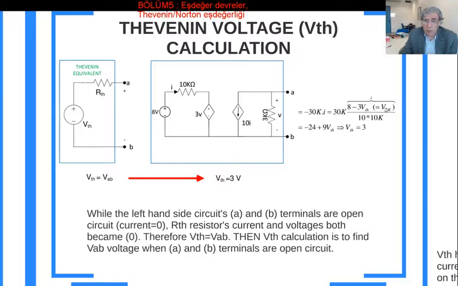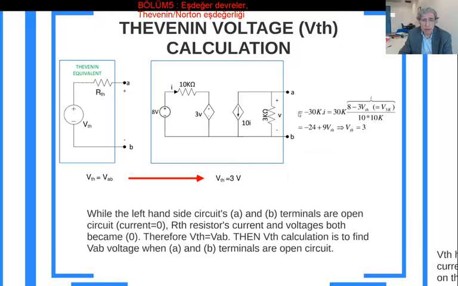which is the same as the 3k voltage. If you divide this by 10k ohm, you're going to find that current. So I replaced that I with this I. If you do the calculation, you're going to end up with VTH equal to 3 volts.